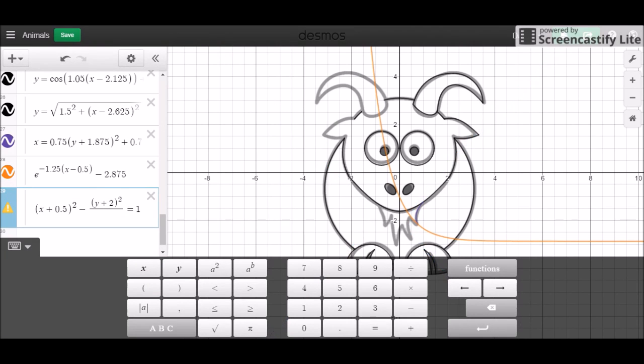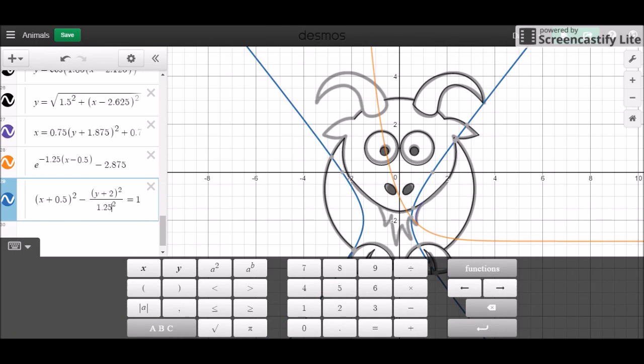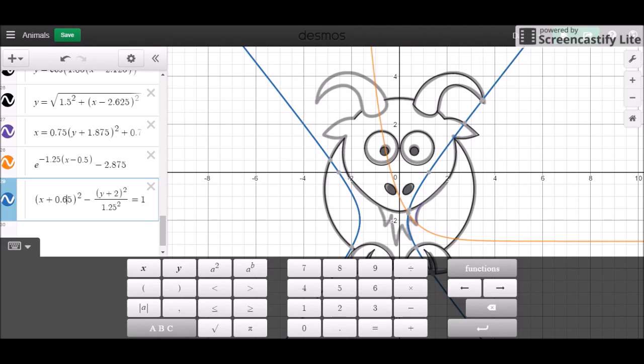Stretch it up. We're going to divide. Shift it over by a tad bit more. 0.625 worked out. I like 0.625.